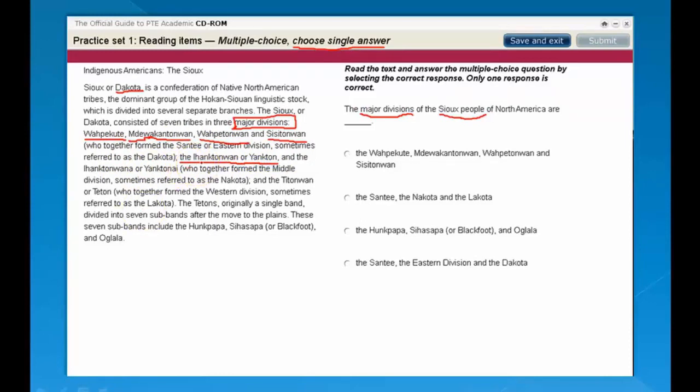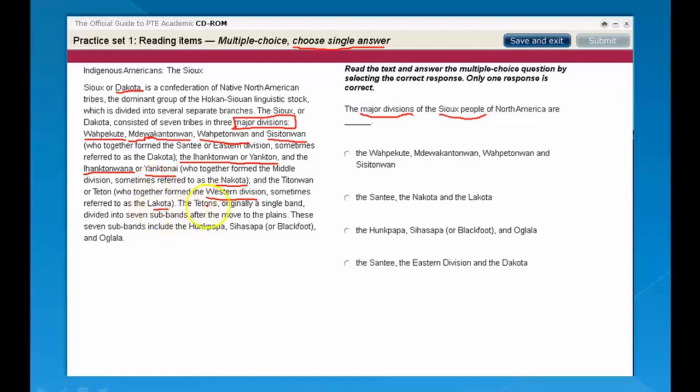The Ihanktonwan and the Ihanktonwana or Yanktonai, who together form the Middle Division, sometimes referred to as the Nakota, and the Tetonwan or Teton, who together form the Western Division, sometimes referred to as the Lakota.